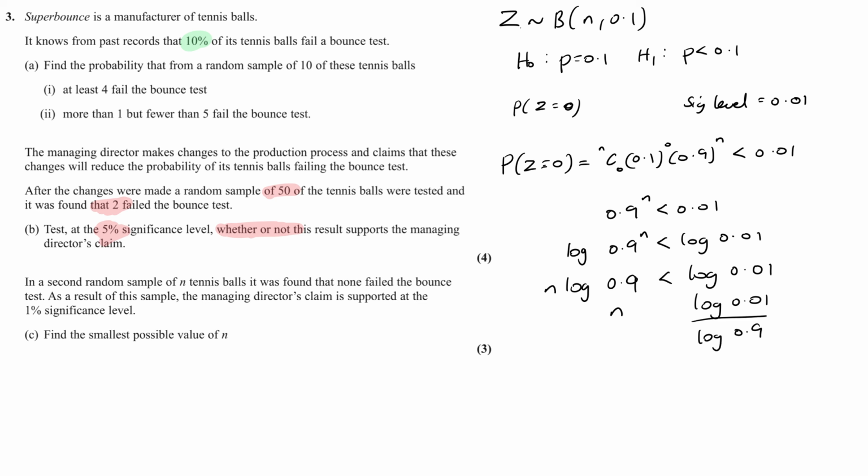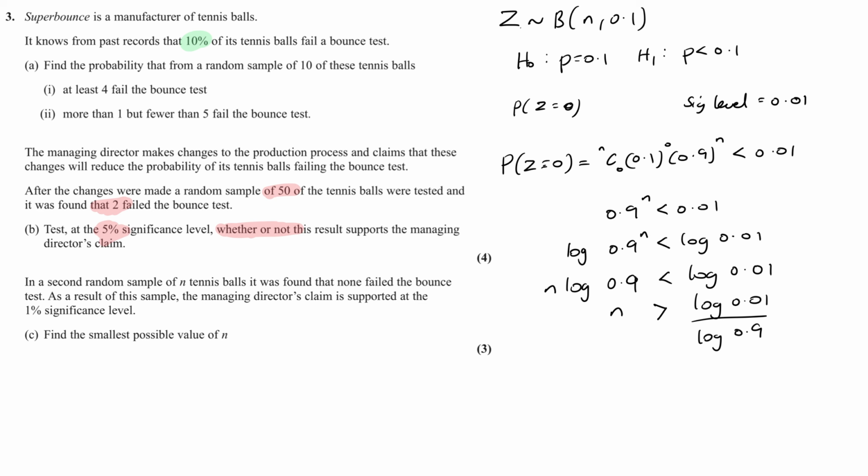And this is where we have to be a little bit careful, because you can't take logs of a negative number, that's impossible. Logs of a number that is between 0 and 1 is always going to give you a negative value. So if you divide by a negative value, it's going to change the sign of your inequality.